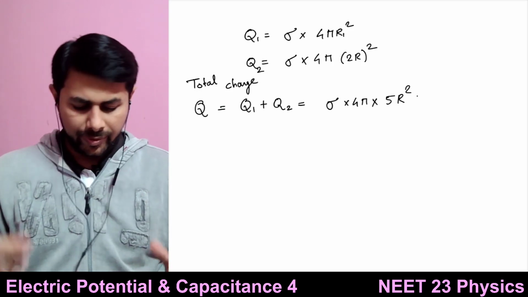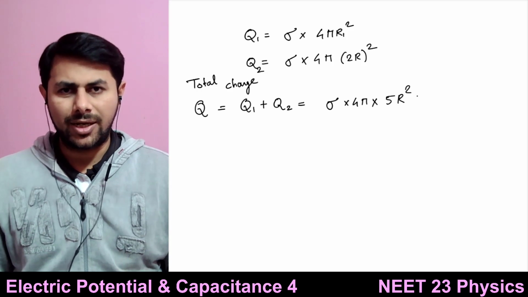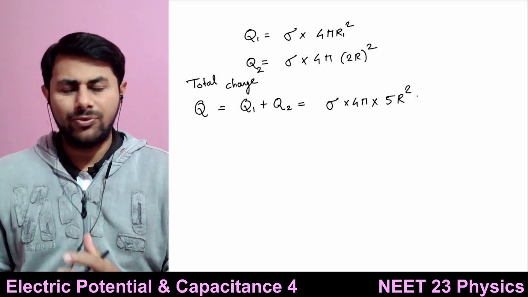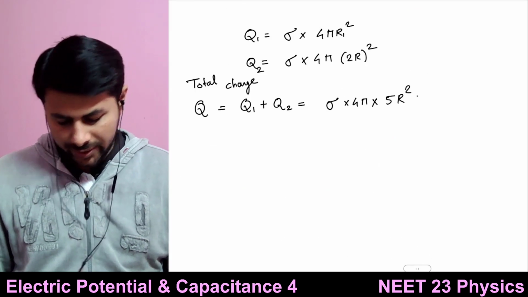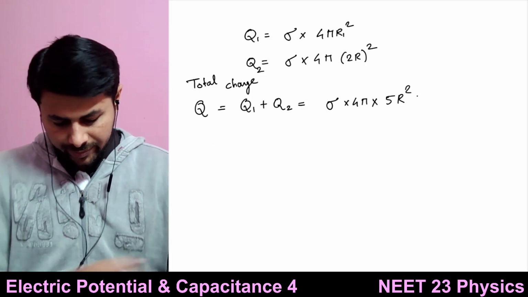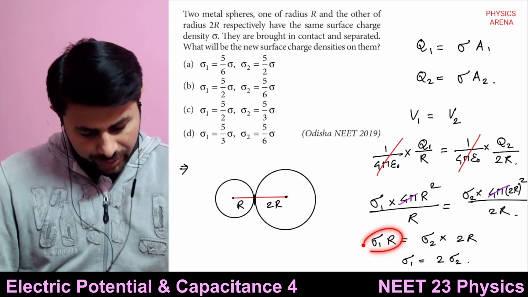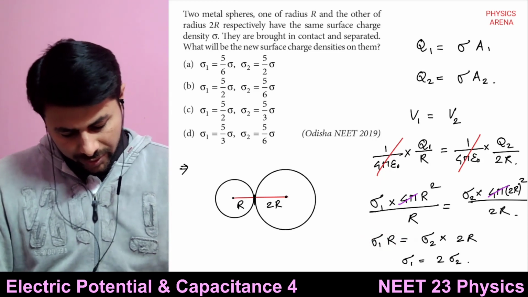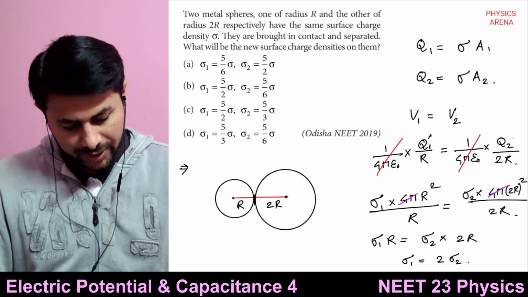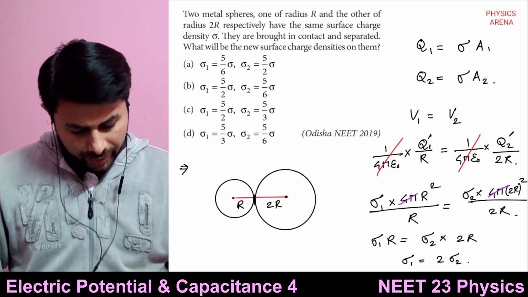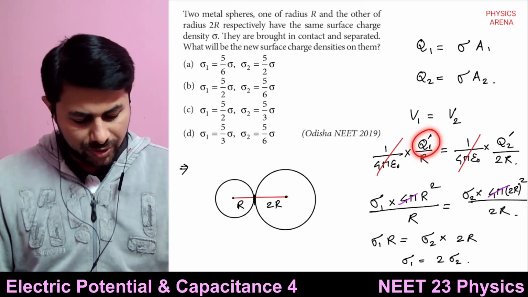Now see, there is redistribution of charge, but the total charge will remain constant, right? So now see here, new charge. Let's call it Q1 dash and Q2 dash. So how much would be Q1 dash and Q2 dash?